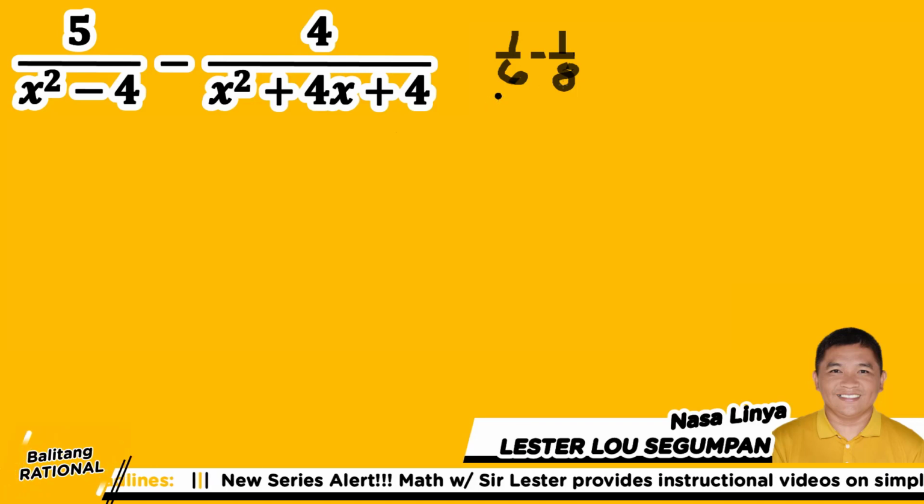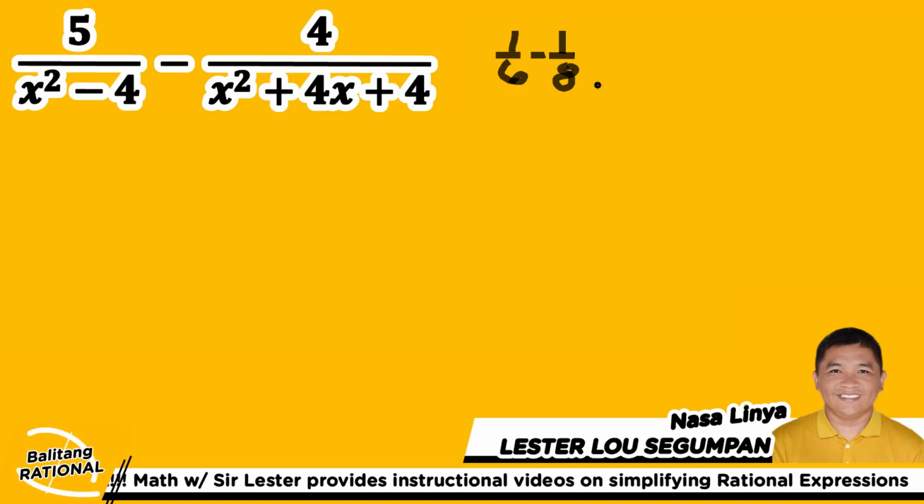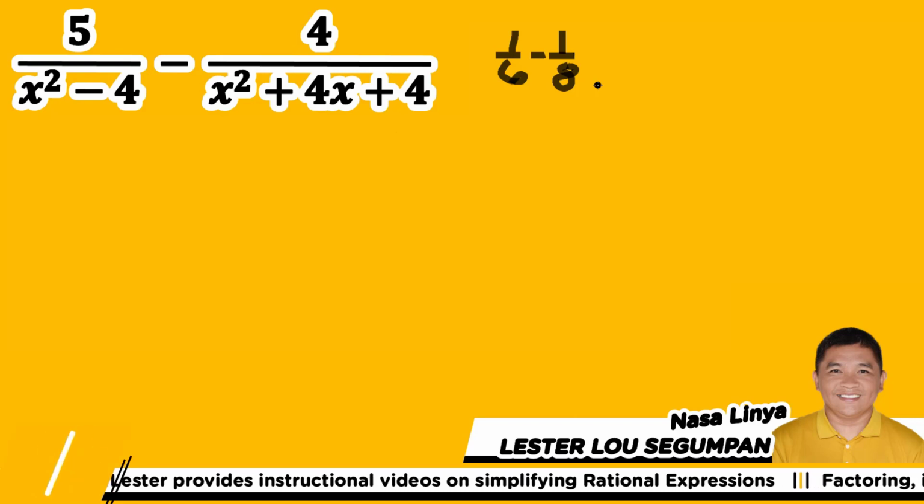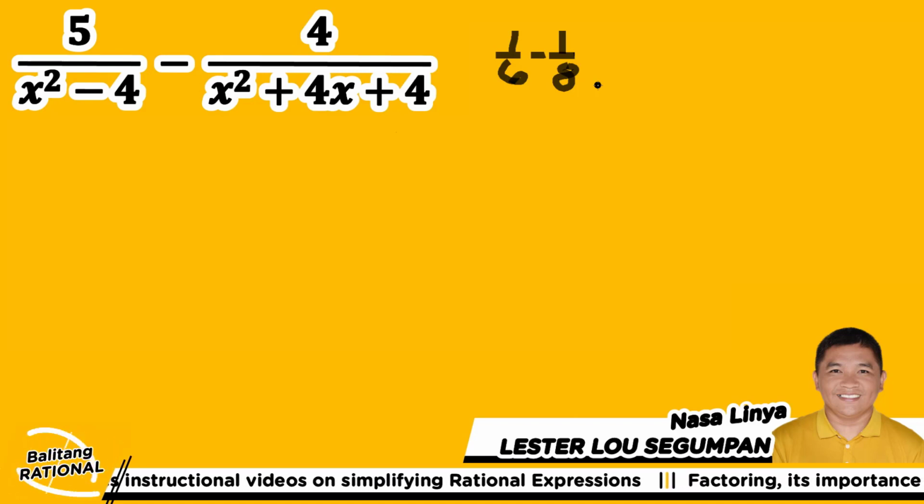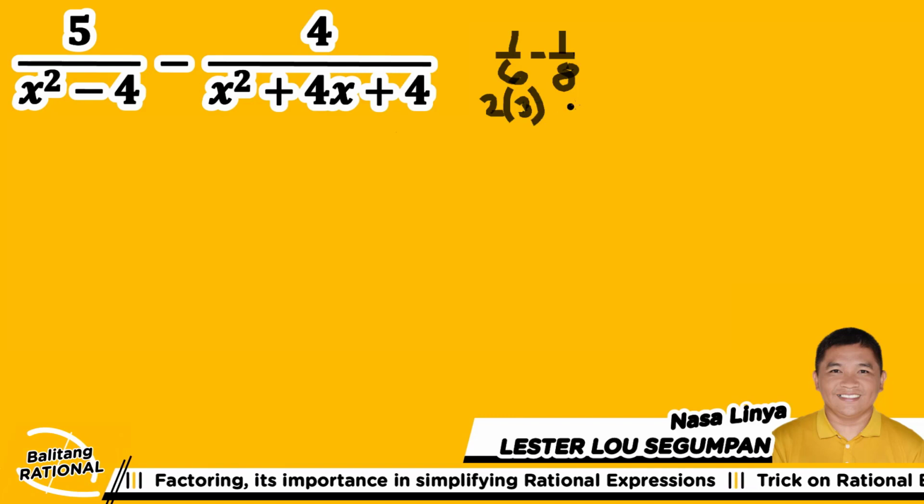Now, 6 and 8 could be multiplied to get 48 because it's a common multiple as well. But 48 is not the least common multiple. We can use here this process. 6 is actually 2 times 3, and 8 is 2 times 4.